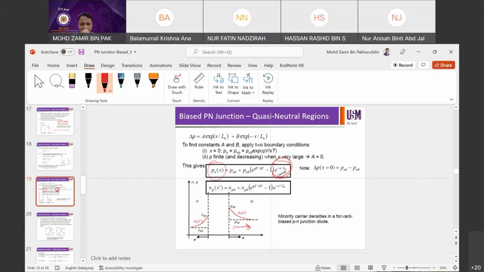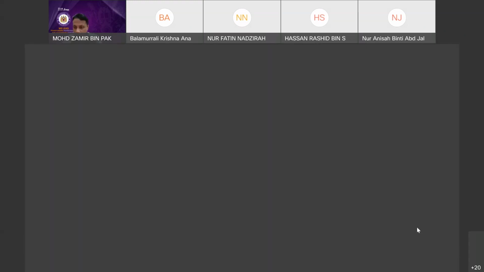Why is it LH that we are concerned about? Any idea? Is it the diffusion length of holes in the N-type? Yes, but why is it hole? Why is it not electrons? The minority carrier in the N-type. Yes, exactly. Good. Fatin said minority carrier.